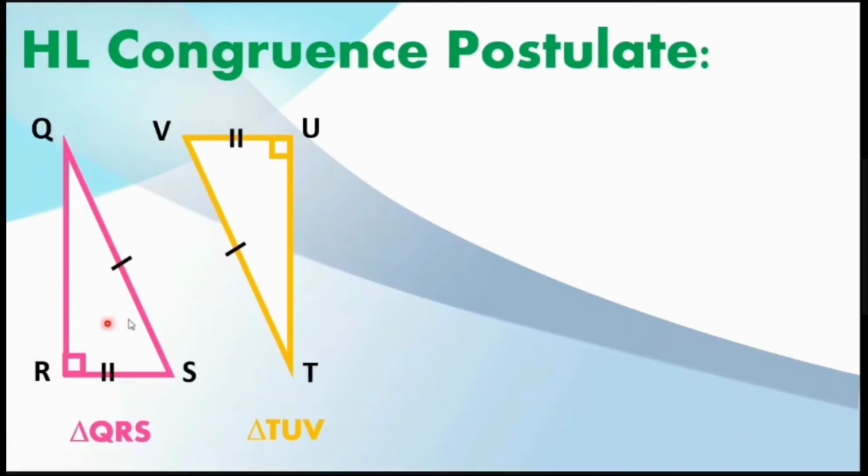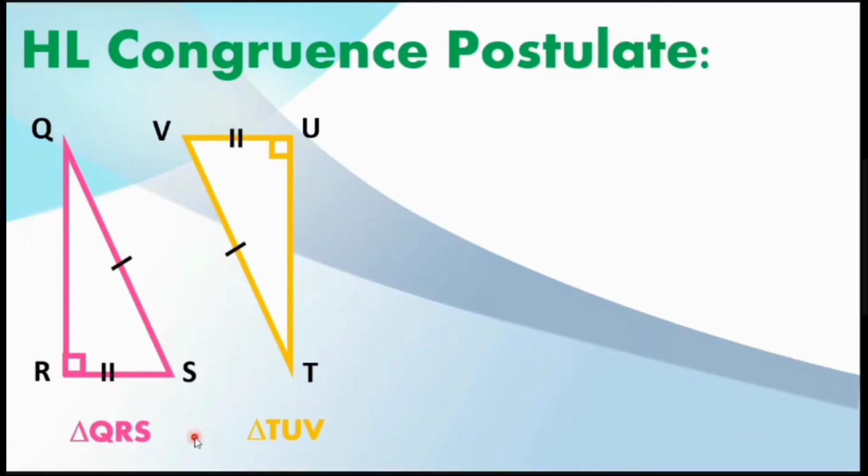Paano natin nasabi na yung dalawang triangle na ito are congruent? First, we need to take a look at the right angles. So we are sure that the two triangles are right triangles. And since the hypotenuse and one leg of the first triangle correspond to the hypotenuse and one leg of the second triangle, meaning those two corresponding parts are congruent, therefore we can say that the two triangles are congruent.